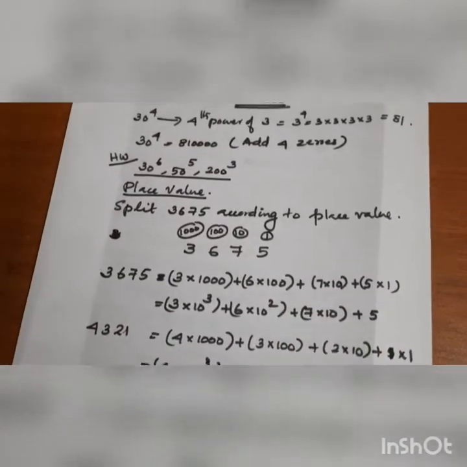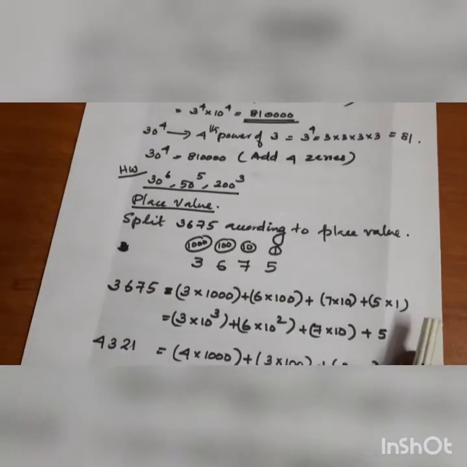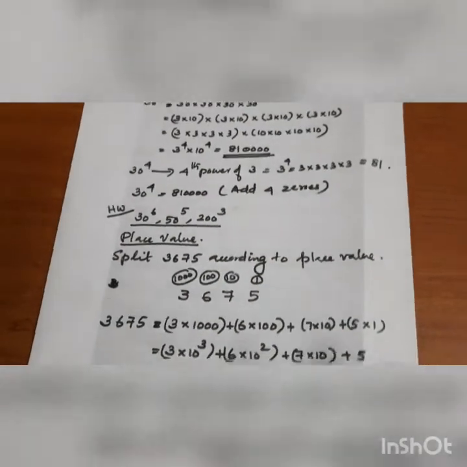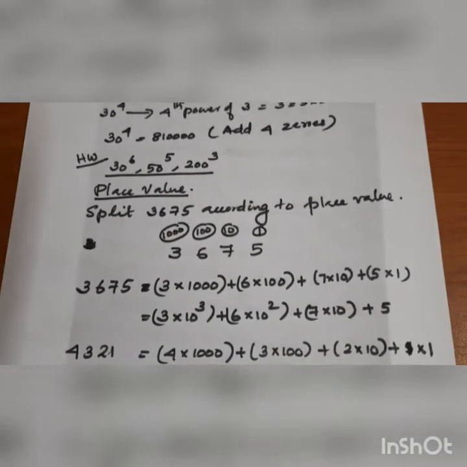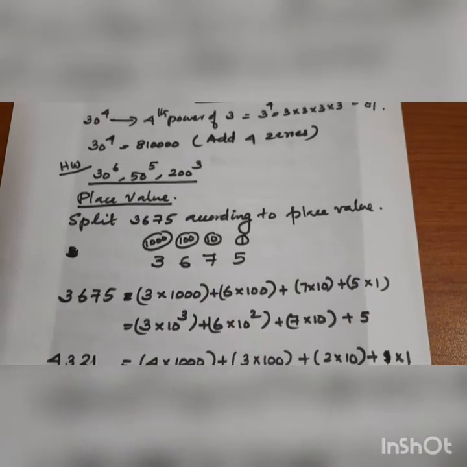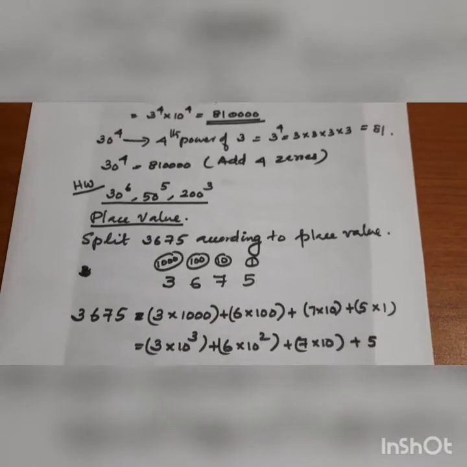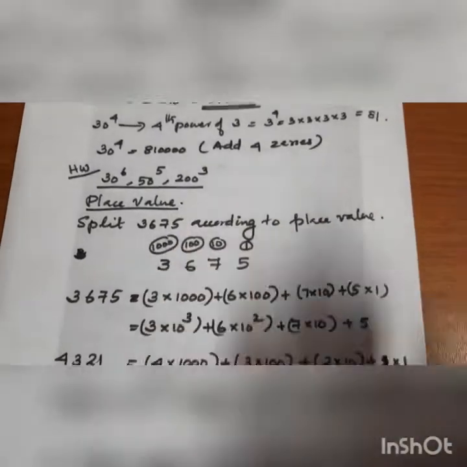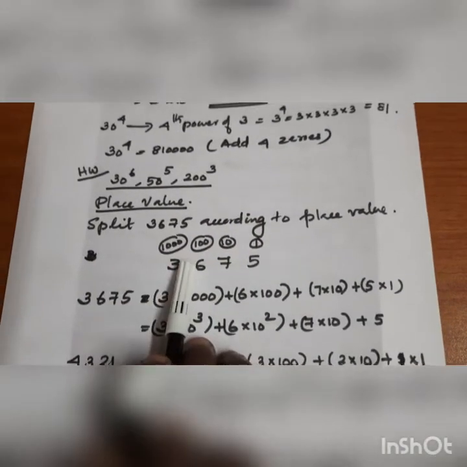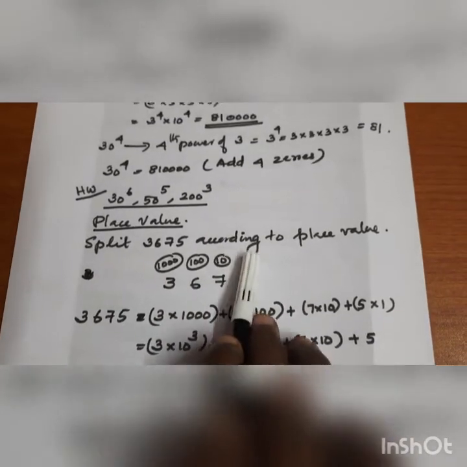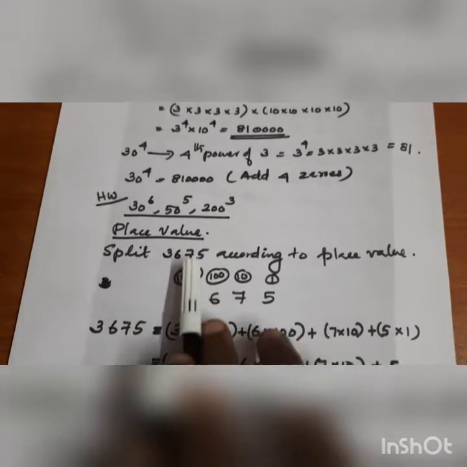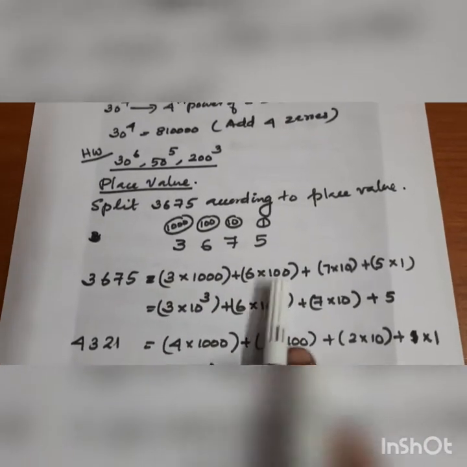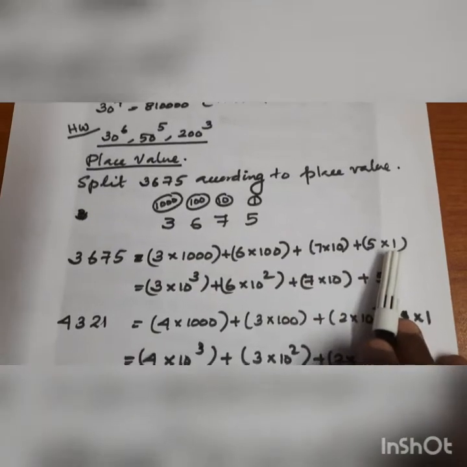Then place value. You already studied place value in the smaller classes, where you split numbers according to place value. Now split 3675 according to place value and write it with powers as exponents. 3675 has 5 ones, 7 tens, 6 hundreds and 3 thousands. It can be written as 3 into 1000 plus 6 into 100 plus 7 into 10 plus 5 into 1.